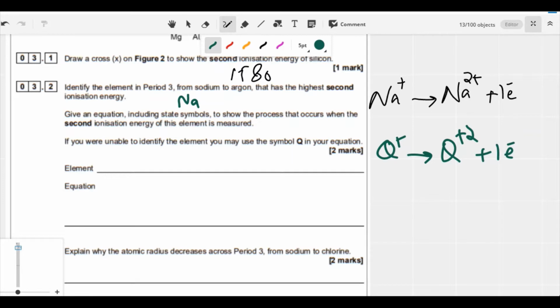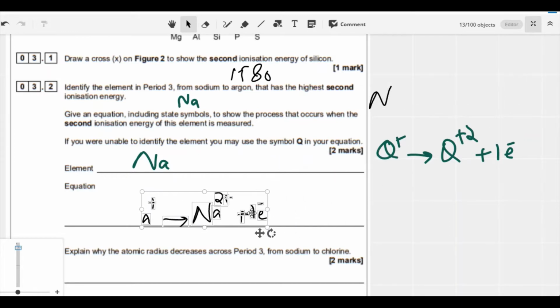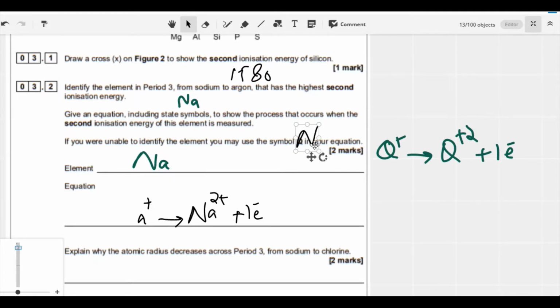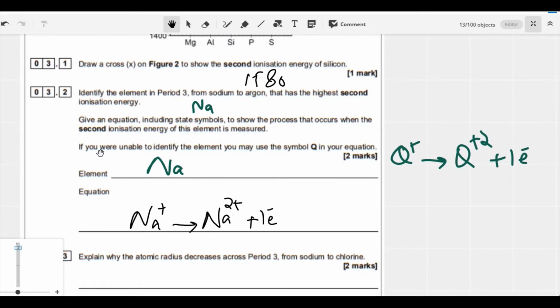But as we already found, that is sodium. So we have to write here the element sodium, and the equation we already wrote here. Okay, here is the equation. Alright, so that is the answer of 3.2.